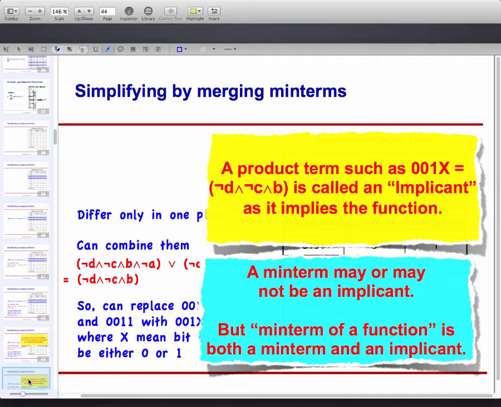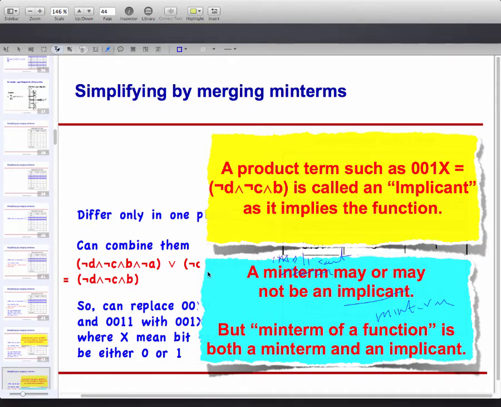An implicant may or may not be a minterm, but a minterm is both a minterm and an implicant. So not all implicants are minterms, but all minterms are implicants.